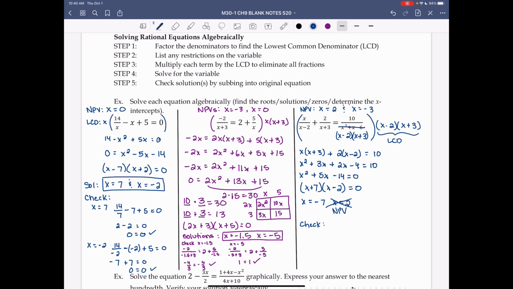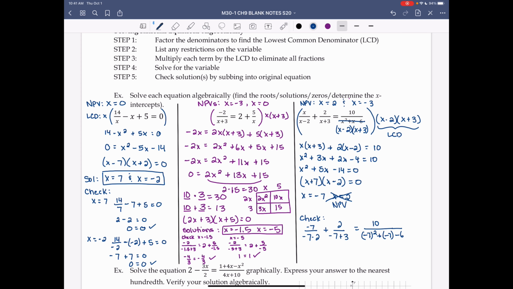We'll do that. Negative 7 over negative 7 minus 2 plus 2 over negative 7 plus 3 equals 10 over negative 7 squared plus negative 7 minus 6. Let's calculate.